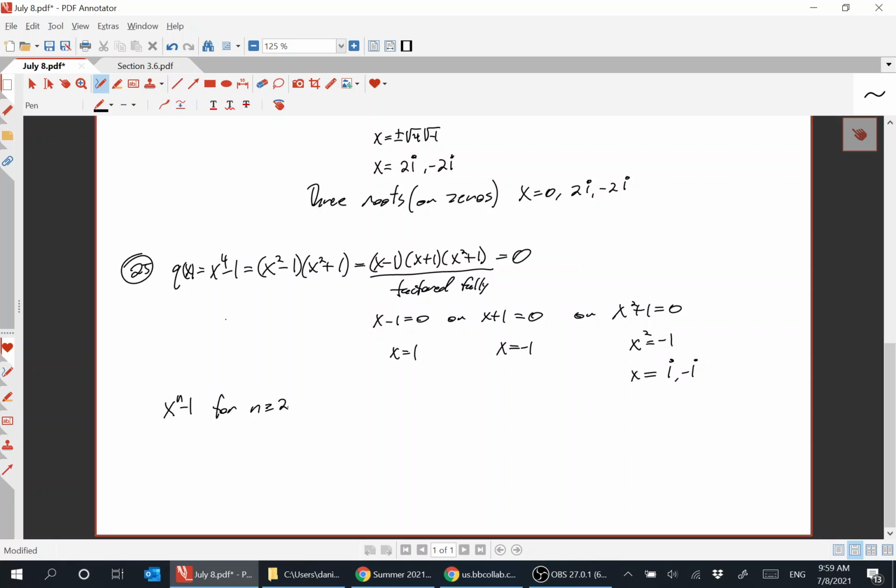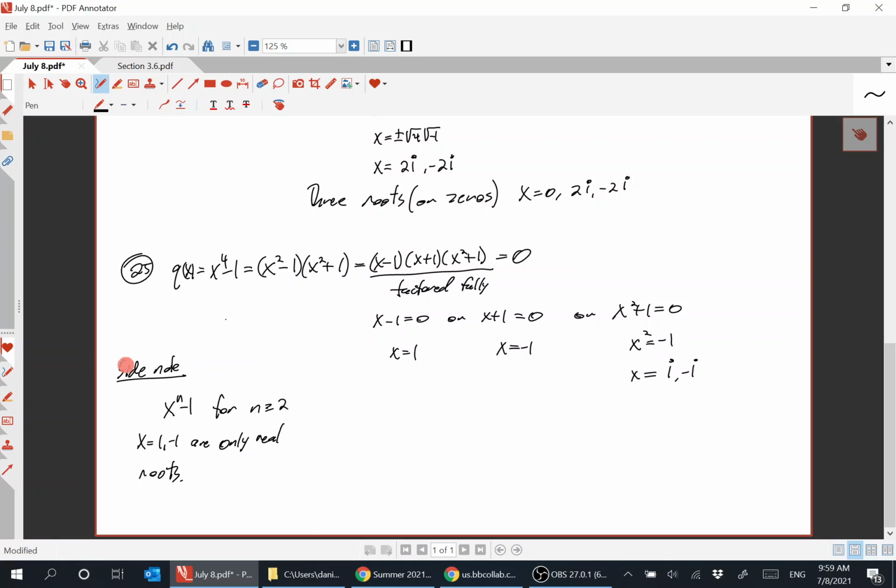I mean, how many roots are there in the real numbers? So x equal to 1 and negative 1 are the only real roots.